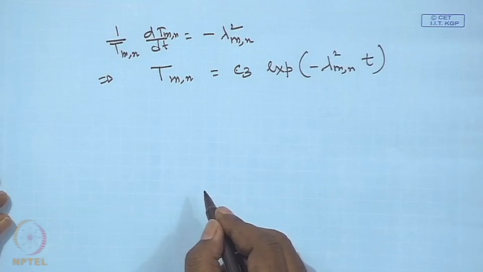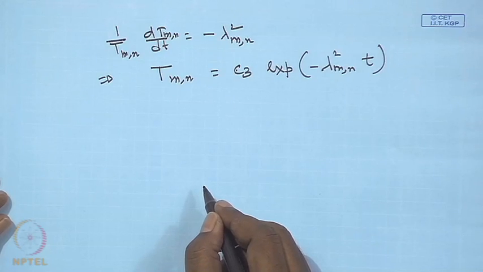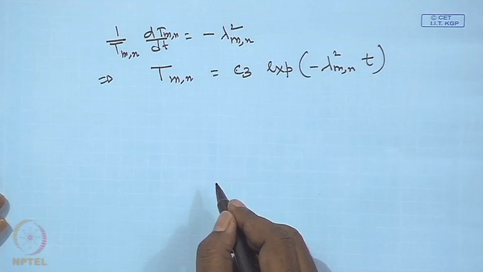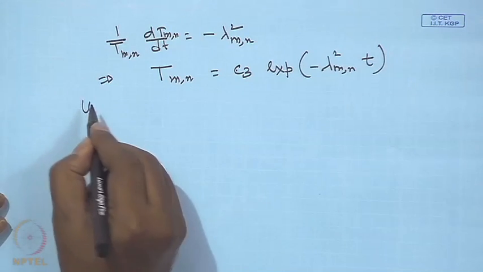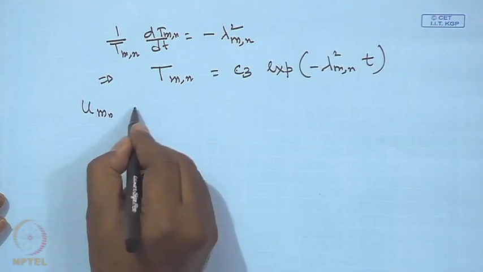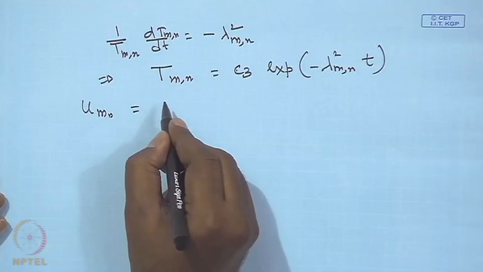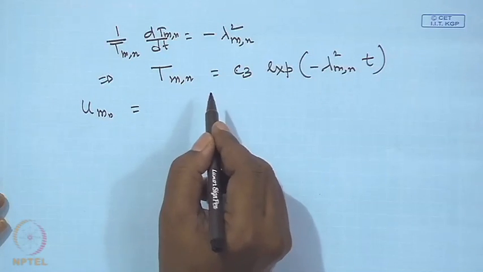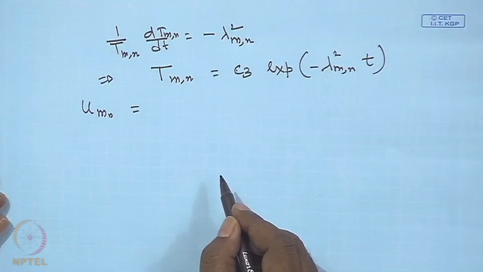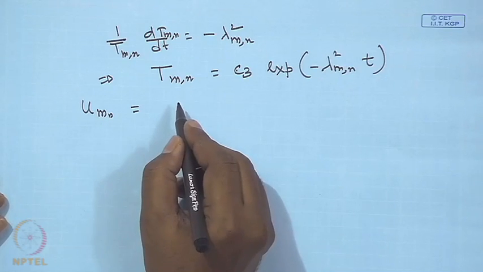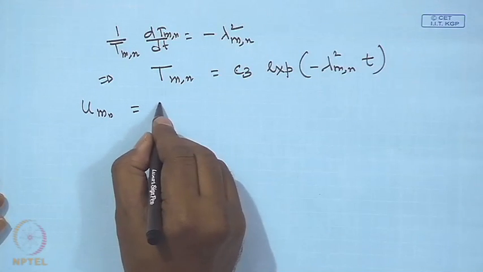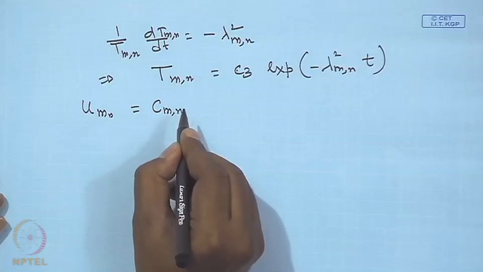So, now we have solved each of the individual segments separately, and we can construct the complete solution. u m n will be the multiplication of these 3 functions, and the 3 constants will be multiplied, giving rise to a new constant. Let us have it C m n.